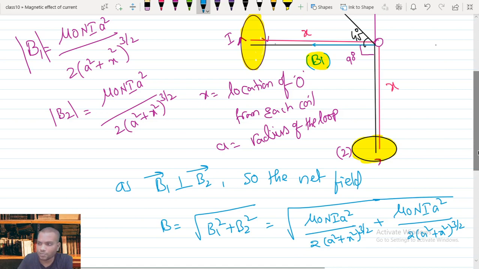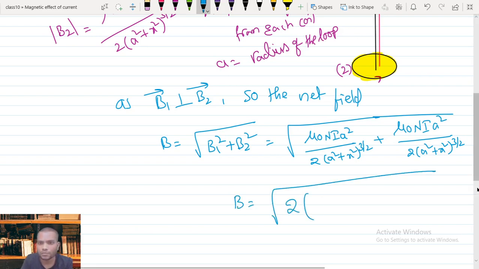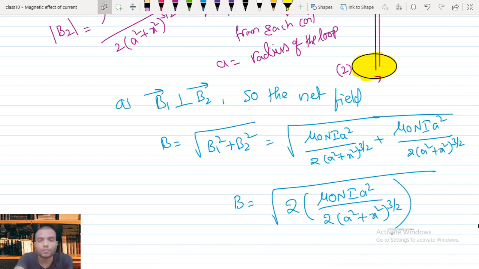Now let us do the simplification. If we simplify this, B equals the square root of 2 times mu naught n I a square upon 2 times (a square plus x square) whole power 3 by 2. Cancelling the like terms, the 2 cancels.